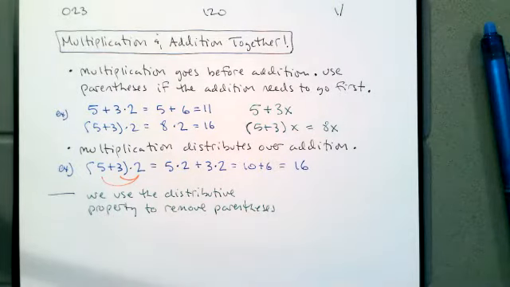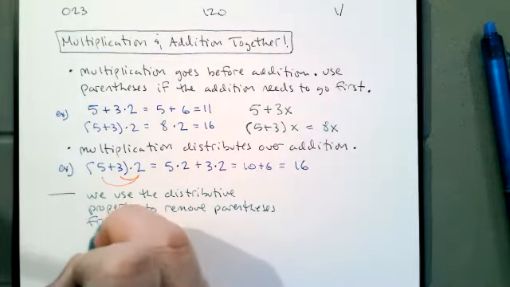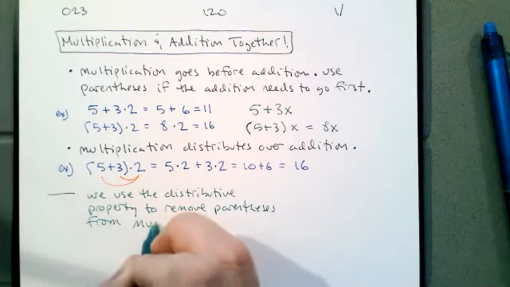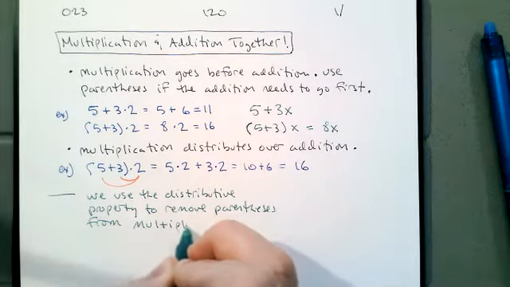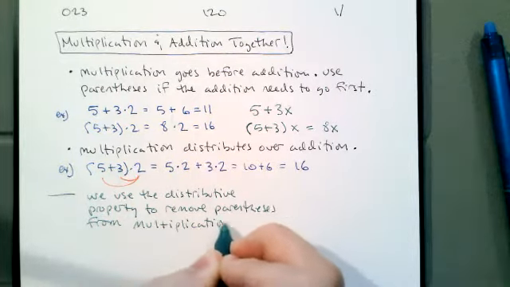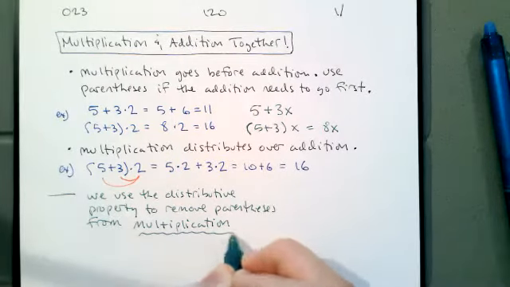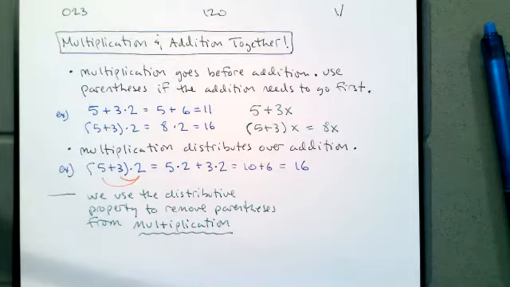I'm not just going to end the sentence here. We use the distributive property to remove parentheses from multiplication. That's the important part. We're doing a multiplication, and that's why we get to use the distributive property.